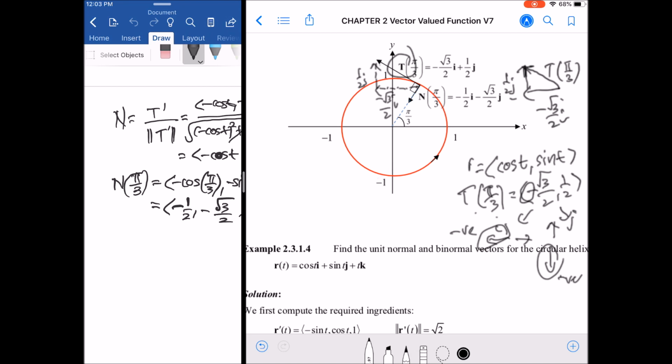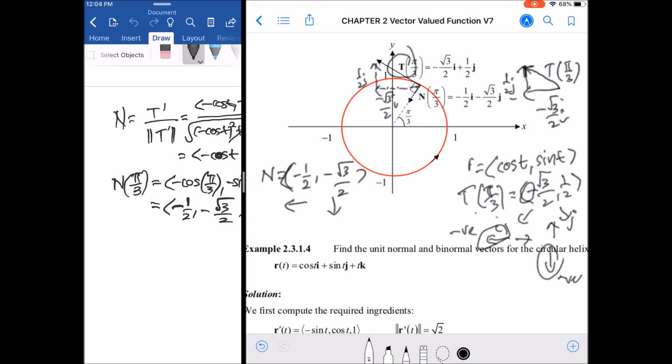The same applies to the unit normal vector, N. As you can see, for our unit normal vector we have negative 1 over 2 and negative square root 3 over 2, which means we go to the left and then downward.